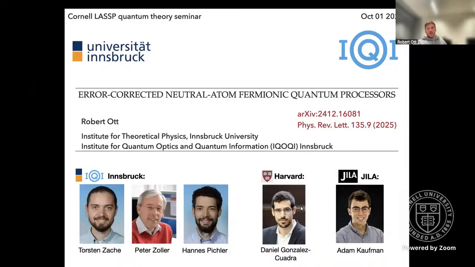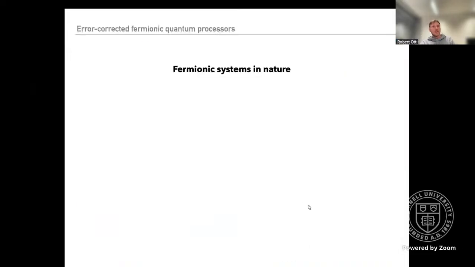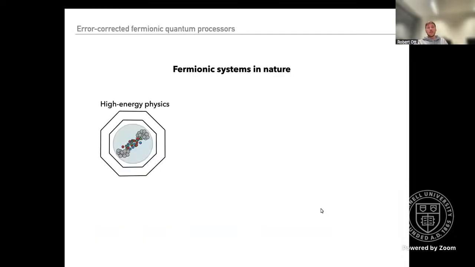So, okay, with this, let's jump in. As you know, there are a lot of fermionic systems in nature. So there's high energy physics, and you have the constituents of the standard model, quarks and gluons in this picture here. And so these quarks are made of fermionic matter.